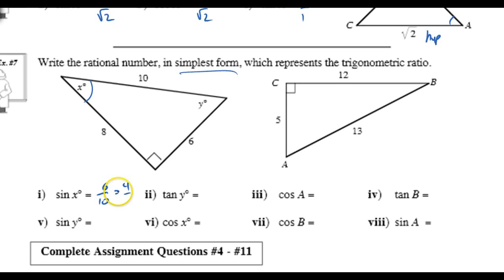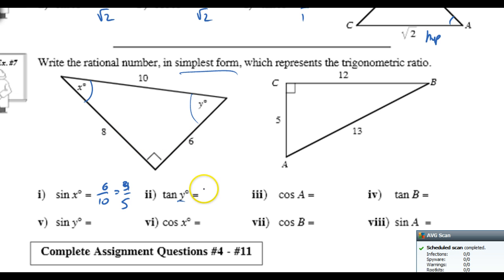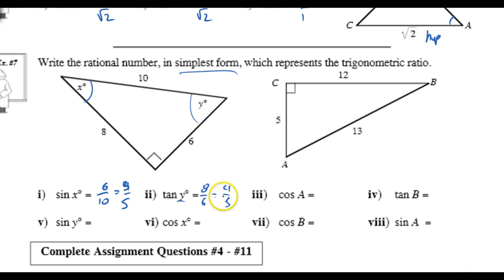Tan Y would be opposite over adjacent. Now you switch angles, so you switch your whole perspective. It's in terms of Y, so opposite over adjacent, 8 over 6, or 4 over 3. All right, give the rest of these a try, and we'll see you guys in class.